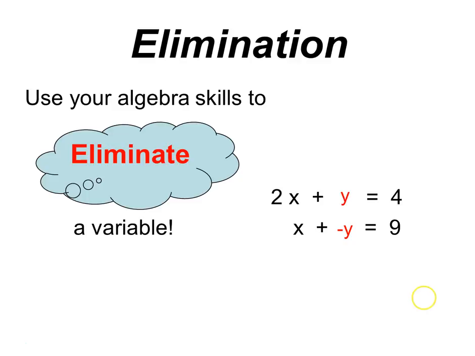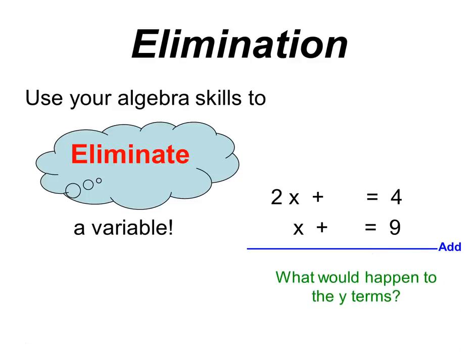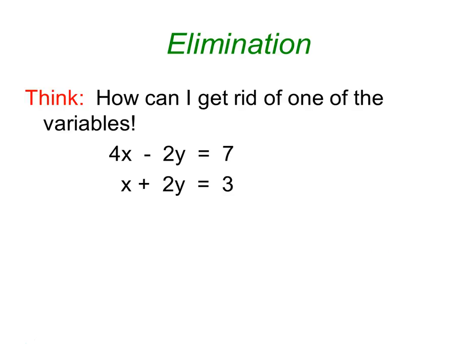If you add these two equations together, what happens to the y's? What is y and negative y when you add them together? There's 0. They're gone. You just eliminated the y's. There are no more y's. So I could finish the problem, couldn't I?